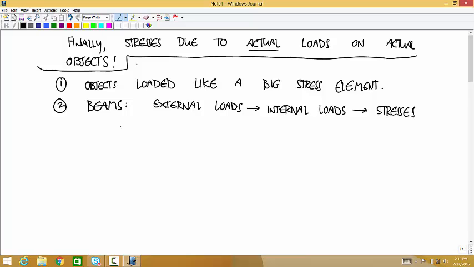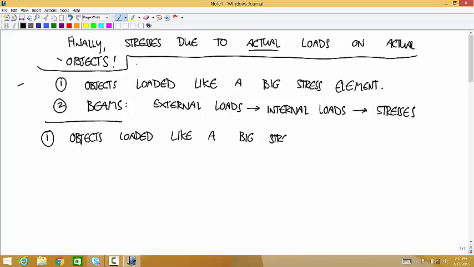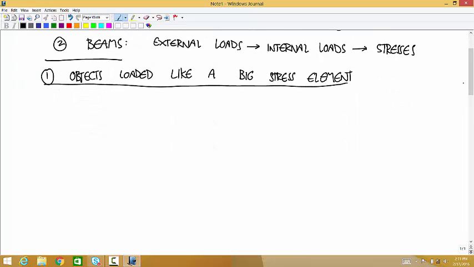So, okay, the first one: objects loaded like a big stress element. What I mean by that is they have to obey all of the rules that are required for a stress element.